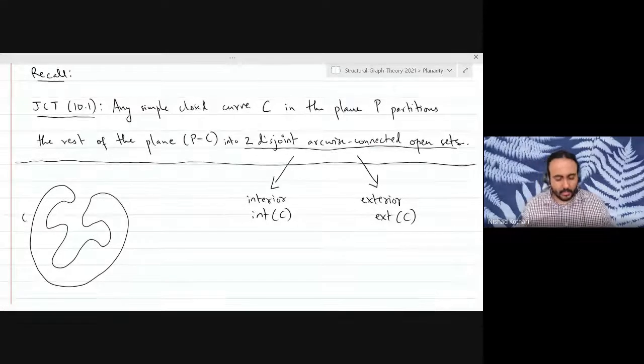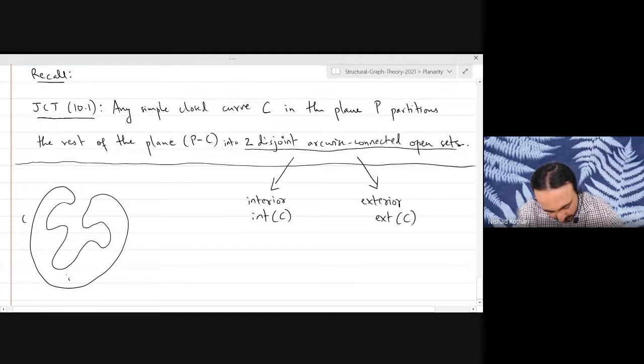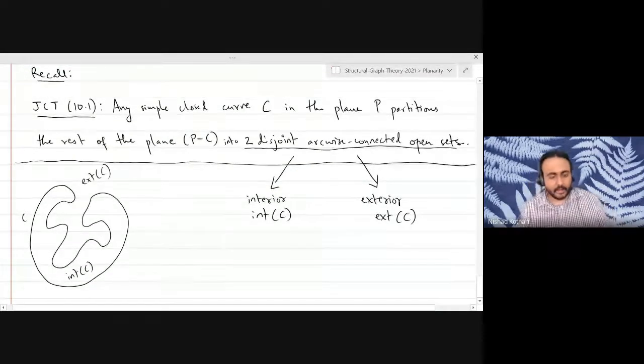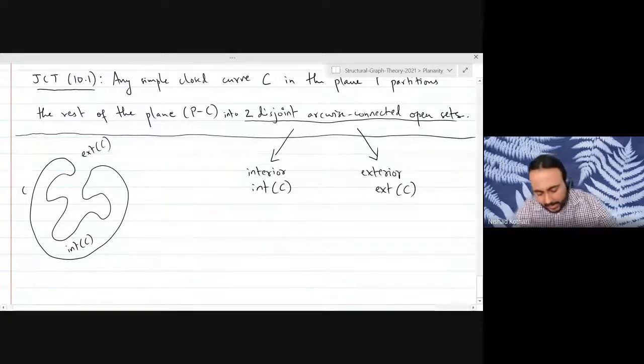Okay. So if you have a simple closed curve in the plane, it partitions the rest of the plane into the interior and the exterior of the curve, right? These are arcwise connected open sets, each of them, right? And sometimes you will need to refer to the closure. So closure just means you include the boundary, right?